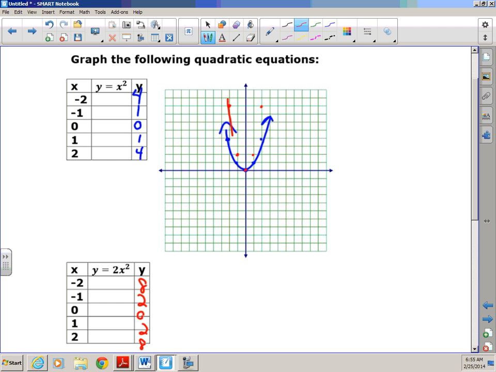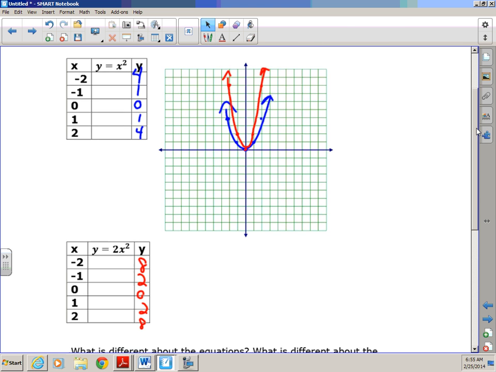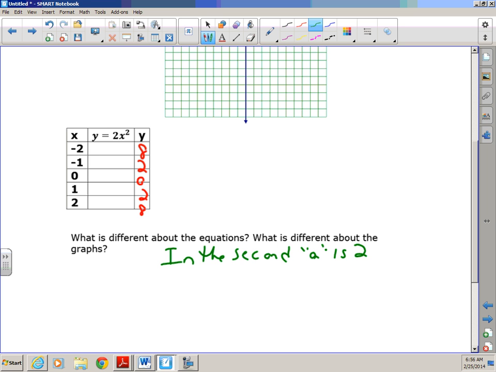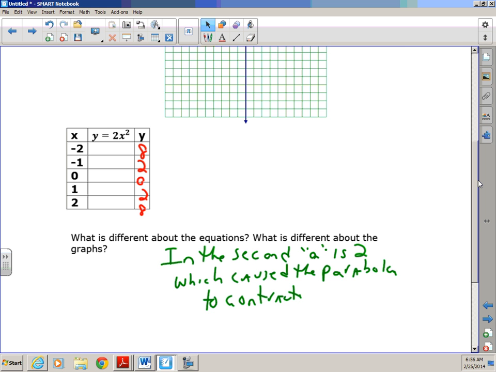Now, interestingly enough, what happened to my parabola? Well, hopefully you'll notice that when I multiplied it by 2, in the second equation, a is 2, which caused the parabola to contract or get compressed.